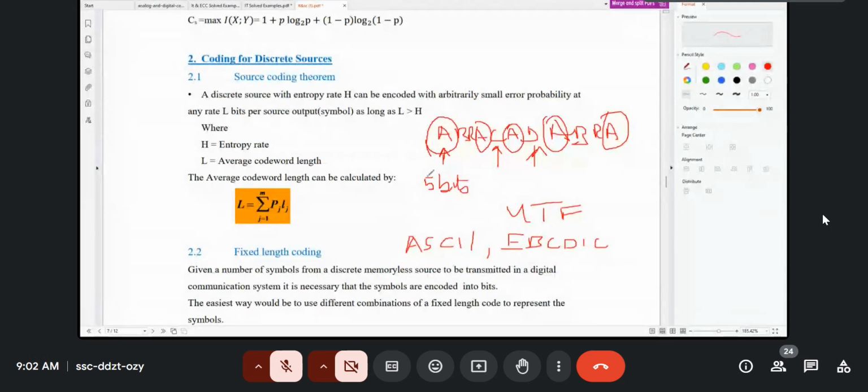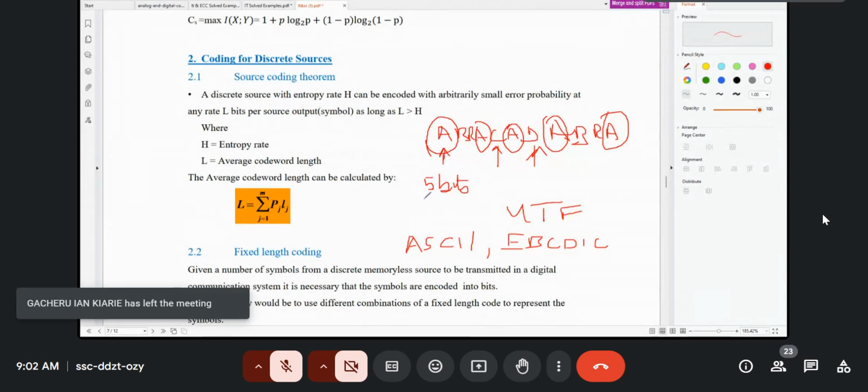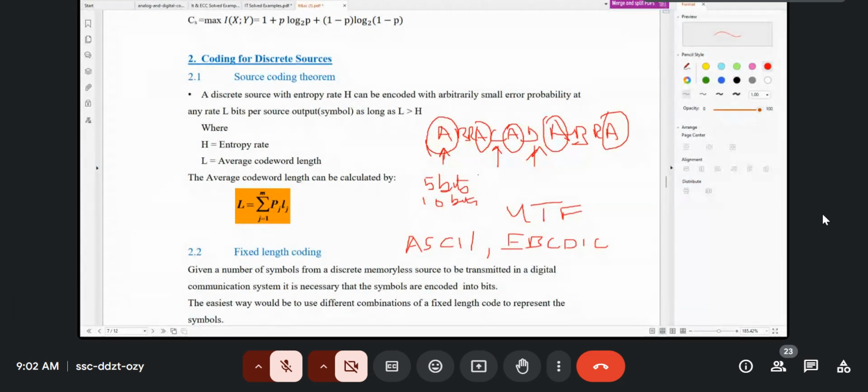If you use 2 bits for A, that will be 10 bits. But if you use 2 bits for C, it's only 2 bits. If you use 3 bits for A, it means 15 bits. So A alone is contributing 15 bits. But suppose you use that for C, that will only have 3 bits.